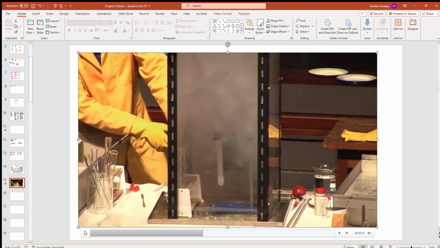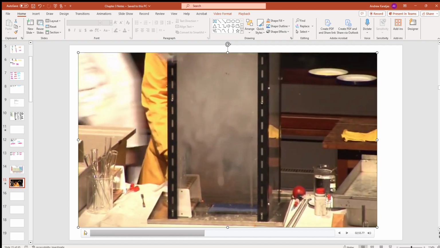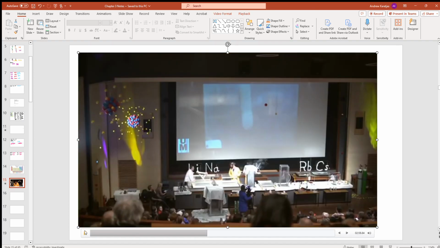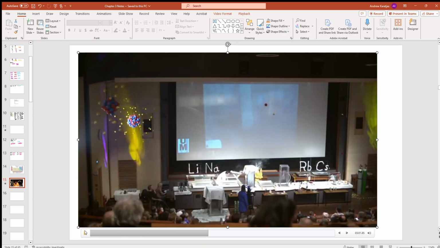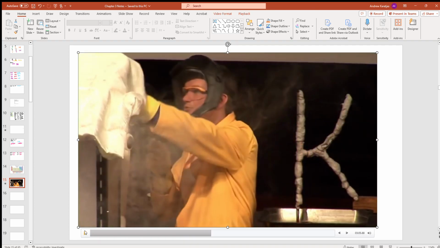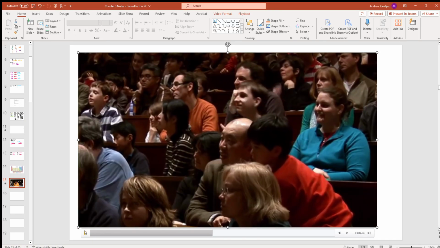Getting more vigorous. Okay, maybe we can, yes, that's a good idea. We'll just remove some of the smoke so you can see the next one more clearly.